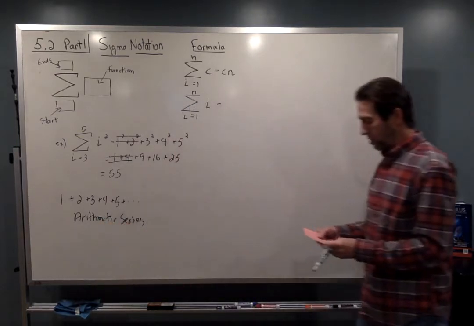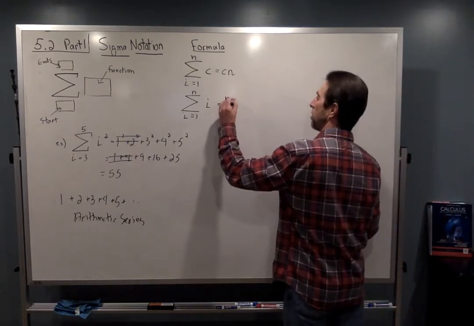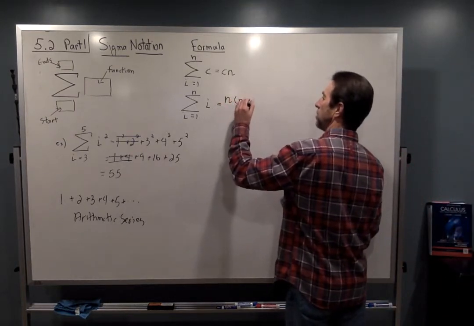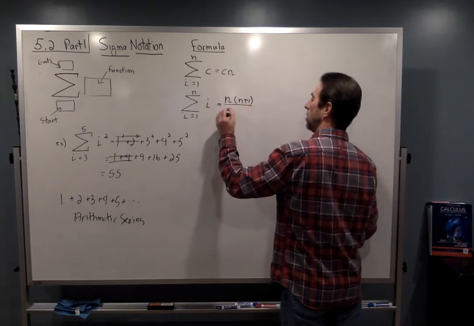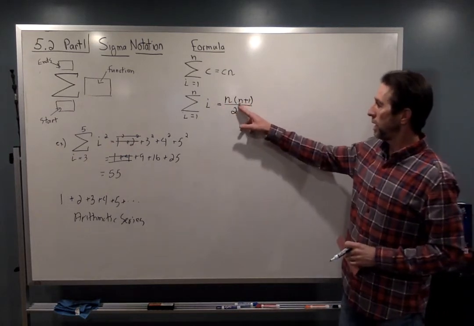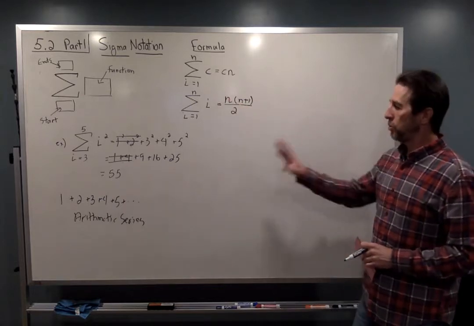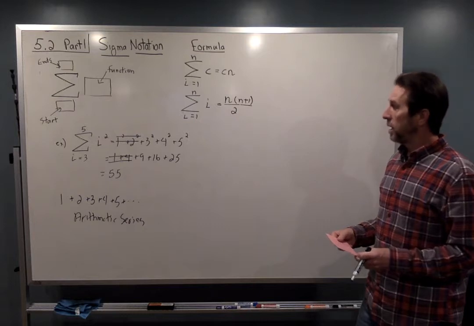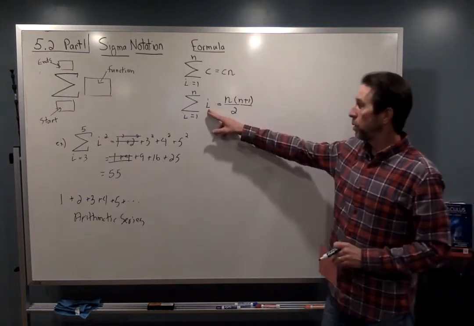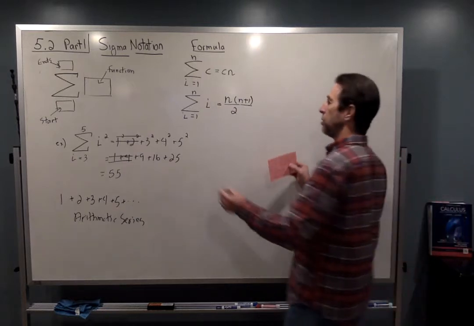In this case, the sum of this arithmetic series is n times n plus 1 over 2. It's basically the first term plus the last term, times half the number of terms. So you can review that on your own if you need. Now there are others for i squared and i cubed, and those are listed on page 295.